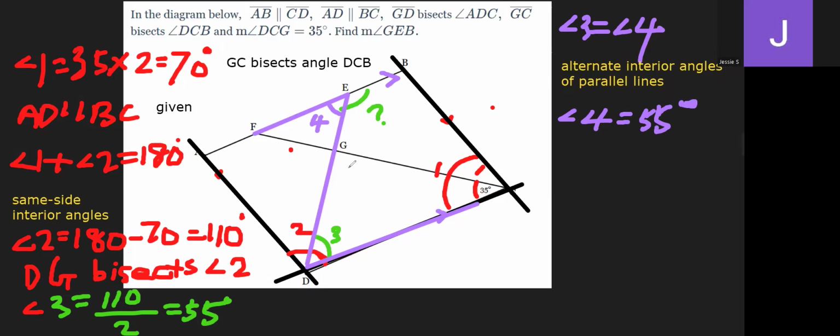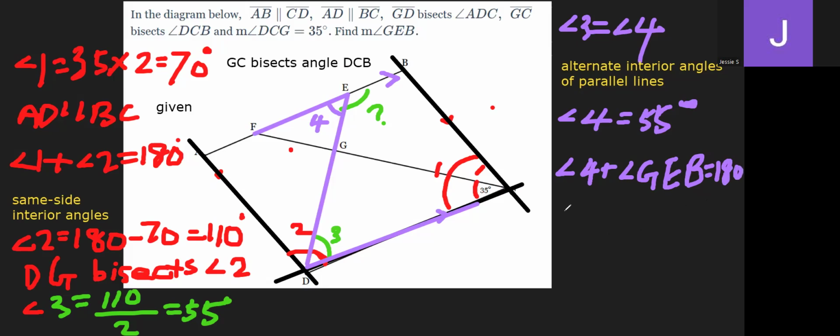Now please look. We know that angle 4 and the missing angle, angle GEB, add up to 180 degrees because these two angles are supplementary angles. That's a linear pair. They make one line. Makes sense, right? 180 degrees.